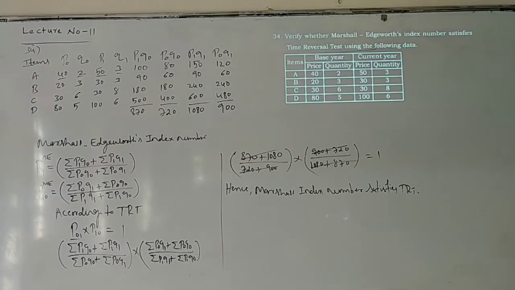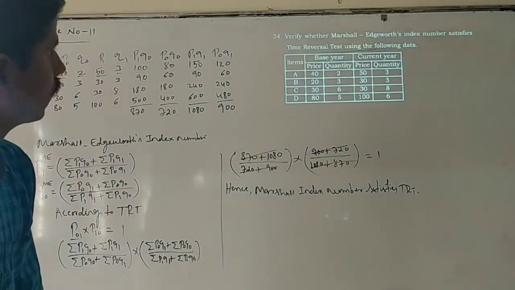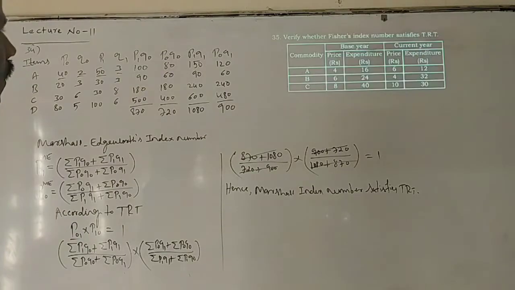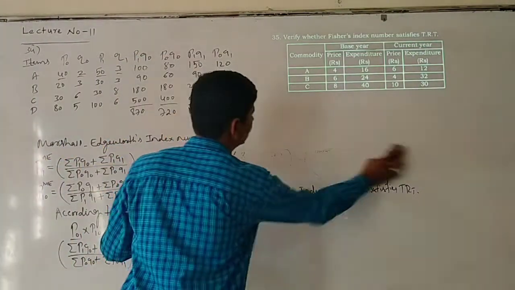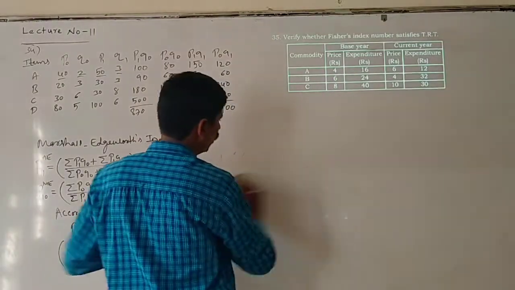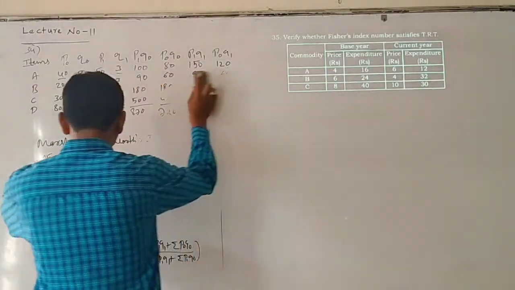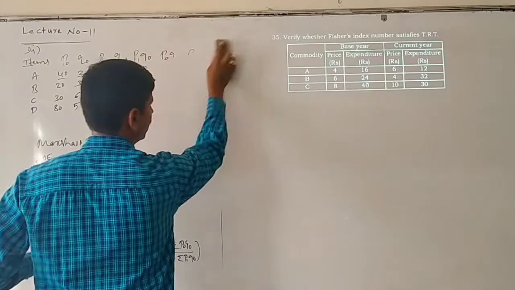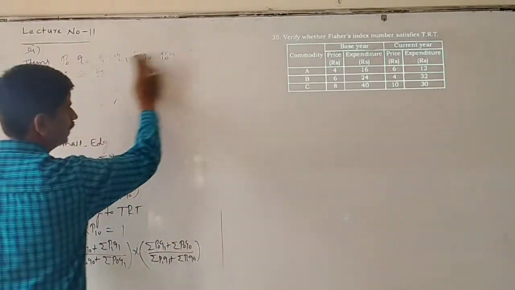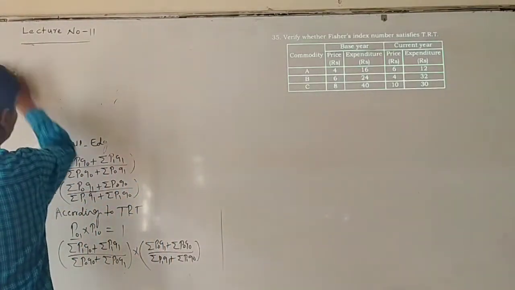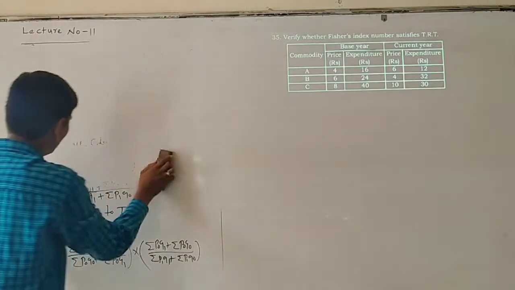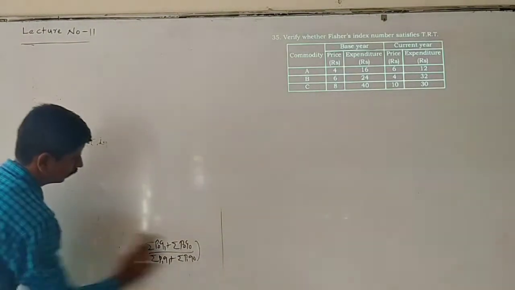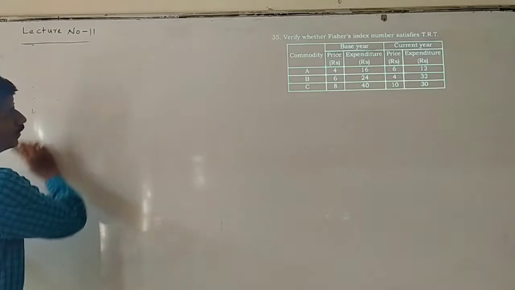Okay, the next problem number 35. Verify whether the Fisher's index number satisfies TRT. Here they are given base year price, base year expenditure, current year price and current year expenditure, and also the respective commodities.